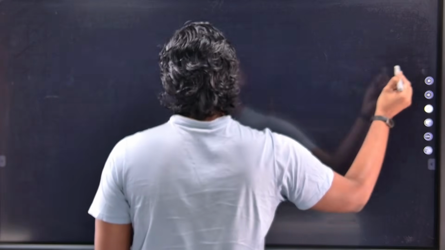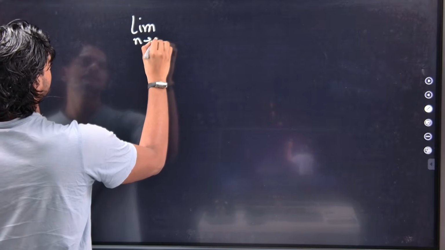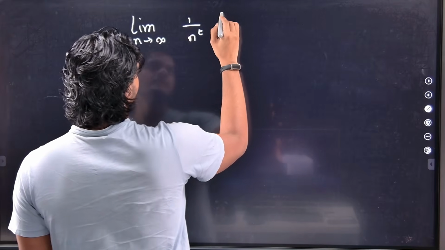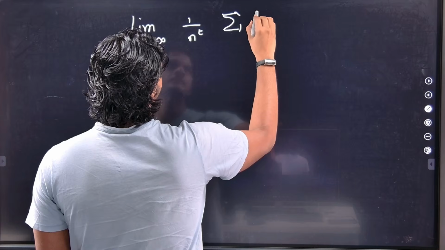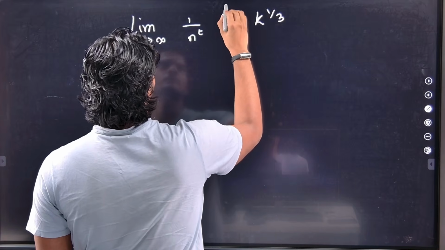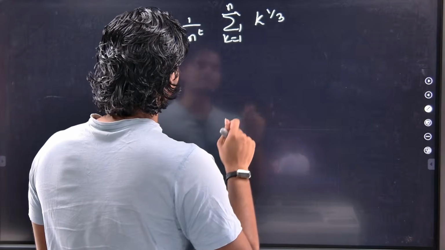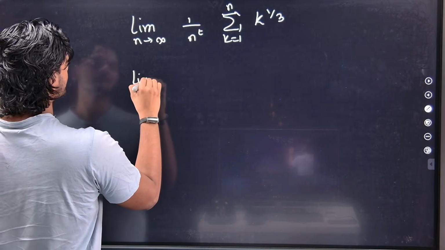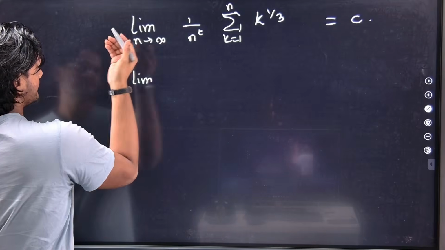So let's rewrite the question. We have limit n tends to infinity 1 by n power t, summation k power 1 by 3, k varying from 1 to n. This is equal to c, and what is the value of c, and for which value of t?